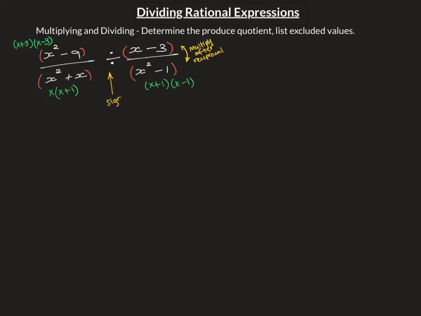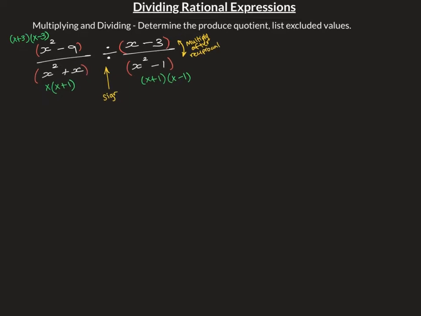So we can go ahead and just rewrite this. So our current new equation would be x plus 3 times x minus 3 divided by x times x plus 1, divided by x minus 3 over x plus 1 times x minus 1. Now, we'll take care of the sign.